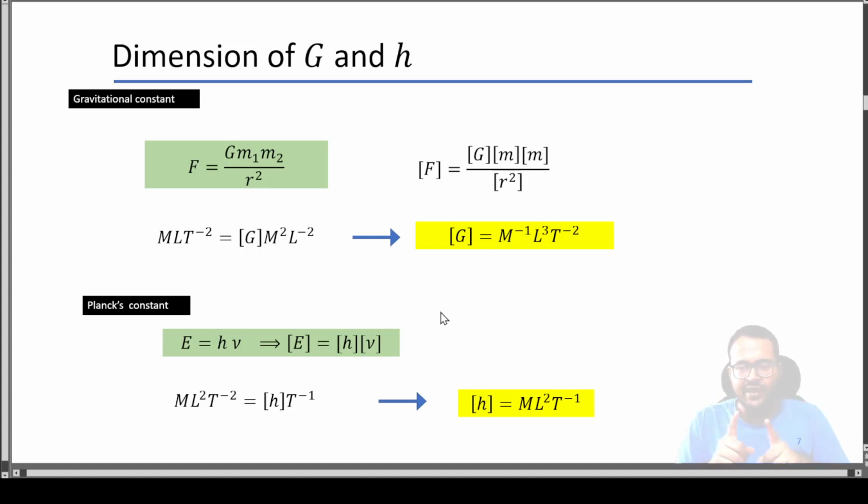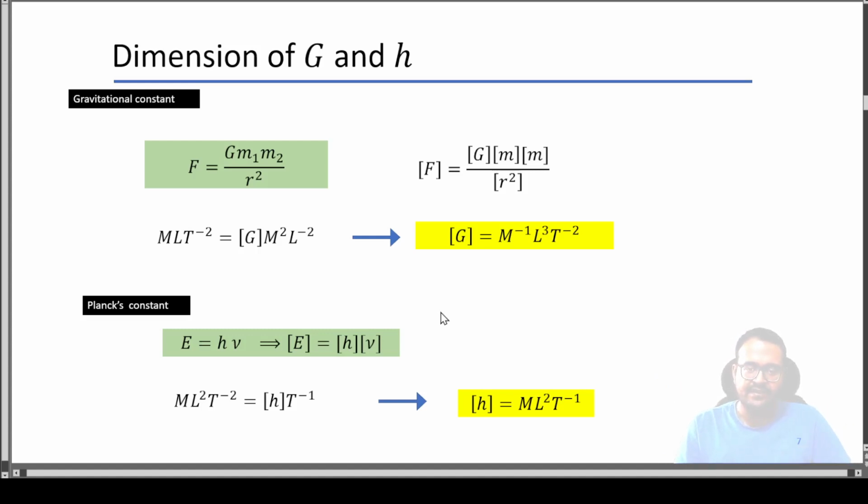That means 20 oscillations per second. That means your dimension of oscillation should be inverse of your dimension of time. Per second counts. That's why velocity is 10 meter per second. So in that per second, the dimension becomes 1 by T.